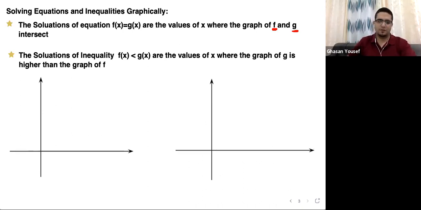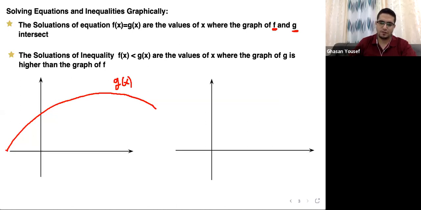Suppose the graph of the function g of x looks like this. This is my graph of the g function, g of x. And at the same time, I have another function, my f of x. My f of x looks like this.